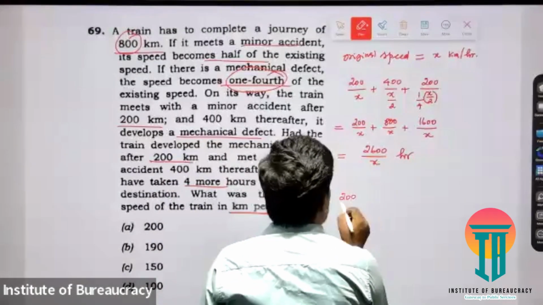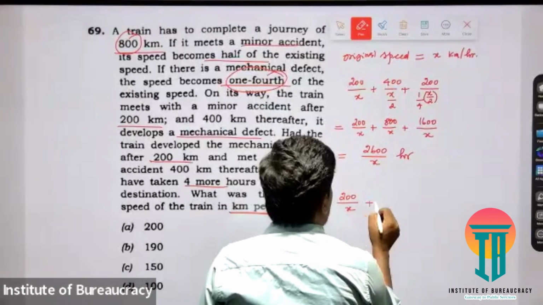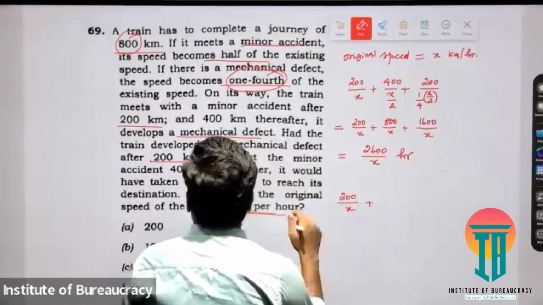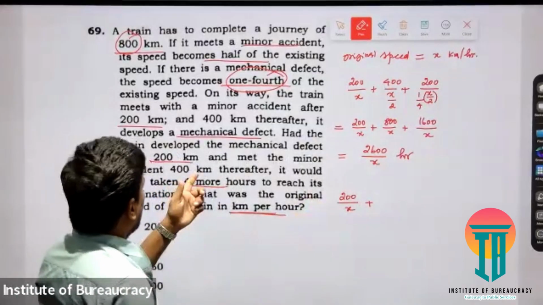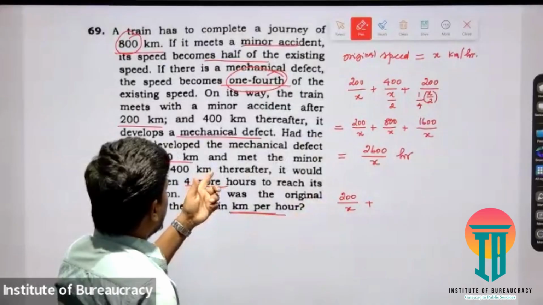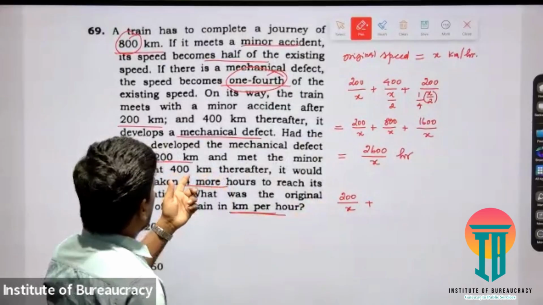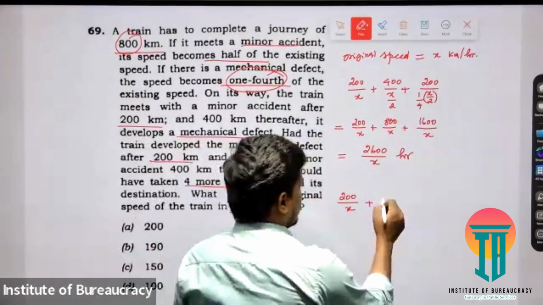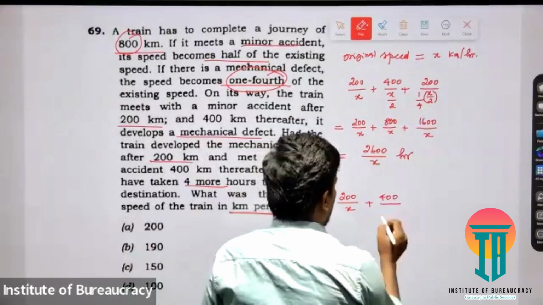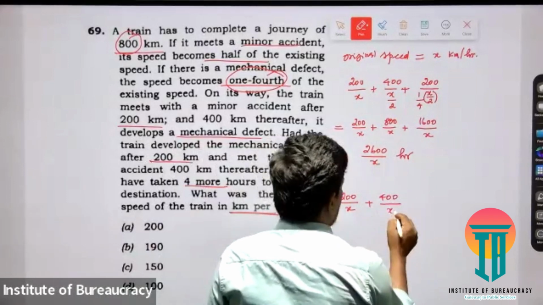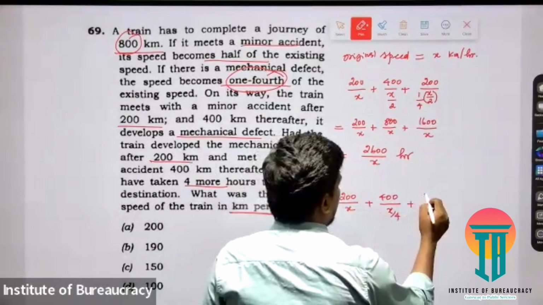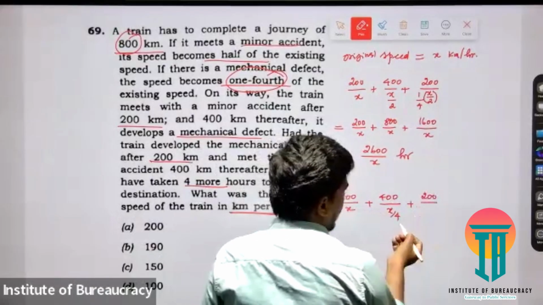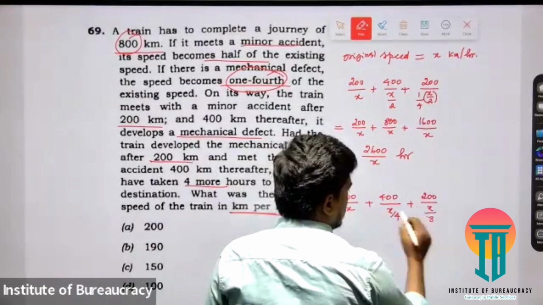First 200 kilometers it goes with the speed of x. Next, at the 200 kilometers, the mechanical defect happens, and then it meets the minor accident 400 kilometers thereafter. So here 400 kilometers with x by 4, and then the remaining 200 kilometers at half of that, which is x by 8.